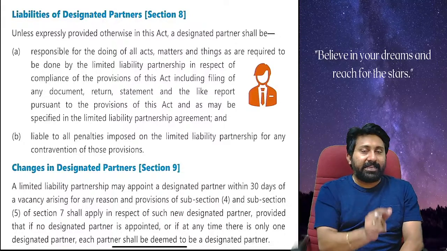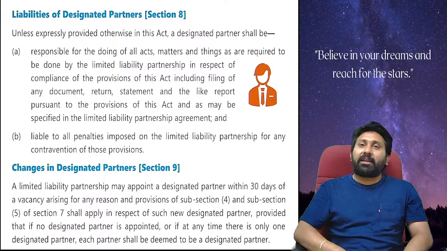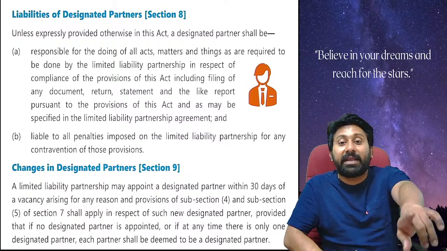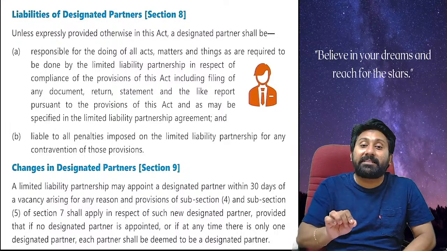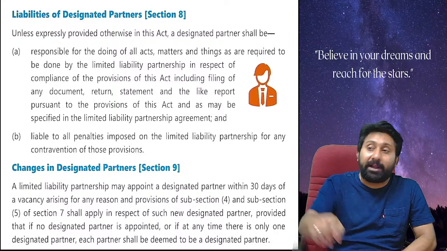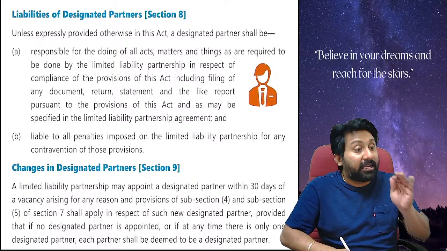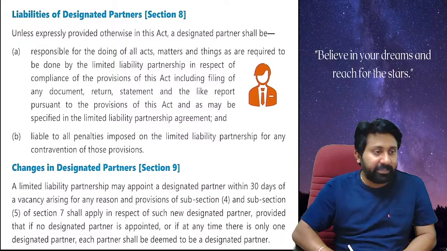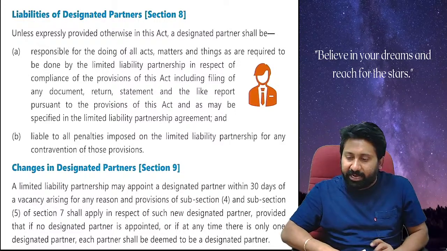The name itself is clear, designated partner. First he should be a partner. After becoming a partner by LLP agreement, you will be declared as a designated partner, which means whenever some legal compliance is there and it is non-compliant, you only will become liable, not all the partners. Simply they take responsibilities of legal compliances. Decision making comes, all partners will take a decision.